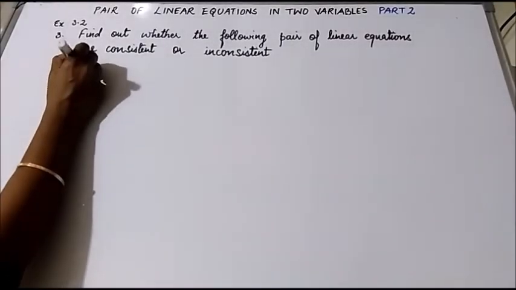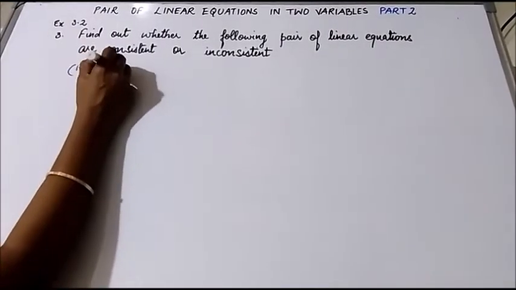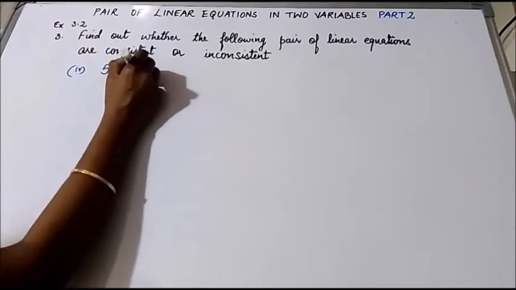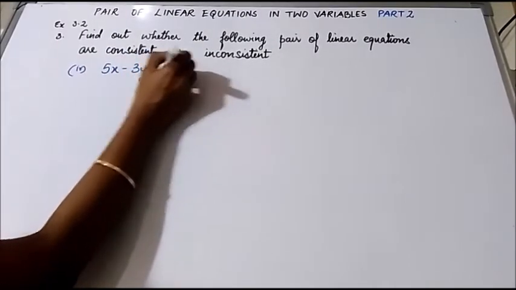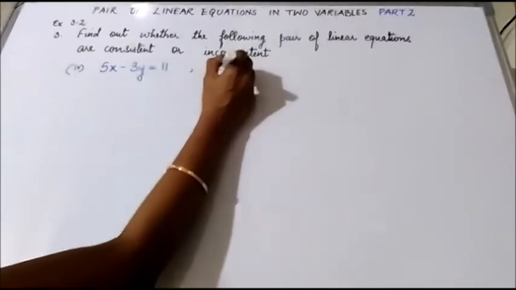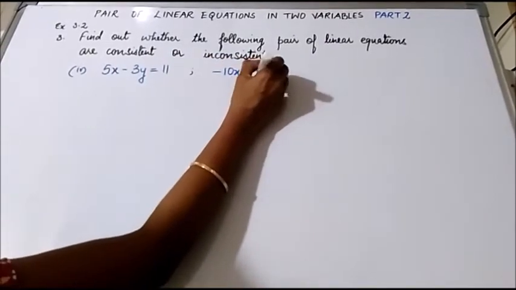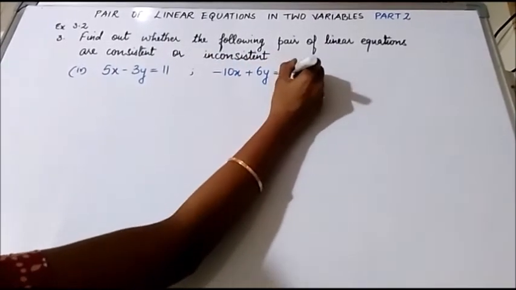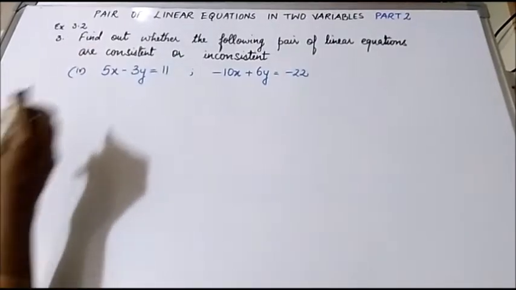Now let us do the fourth question. 5x minus 3y is equal to 11 and minus 10x plus 6y is equal to minus 22. Let us write this in standard form.